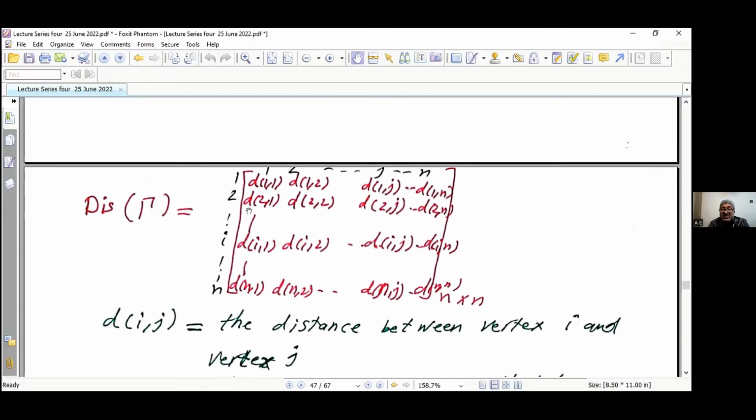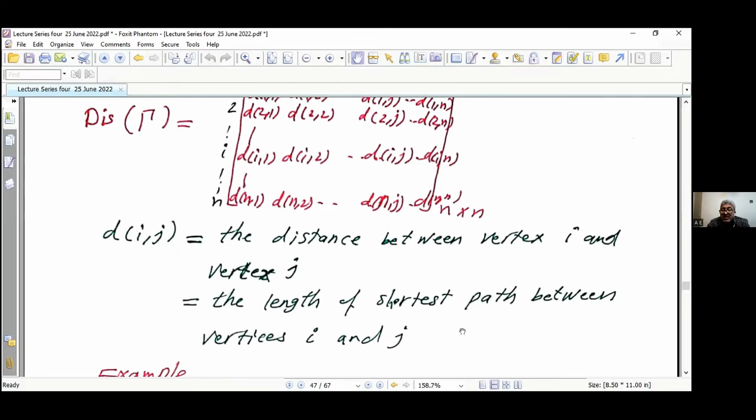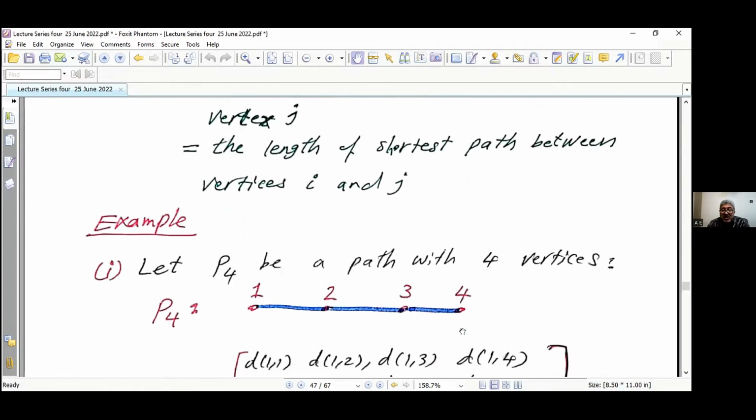You can see that the entries on the diagonal are all 0, because the distance from any vertex to itself is 0, as we don't have any loop. We are talking about simple graphs. The entry ij is the distance between vertex i and vertex j, that is, the length of the shortest path between them. That's the reason we assume that the graph is connected.